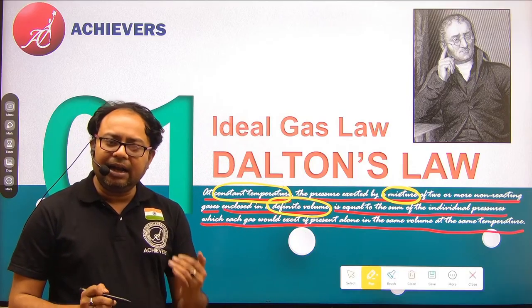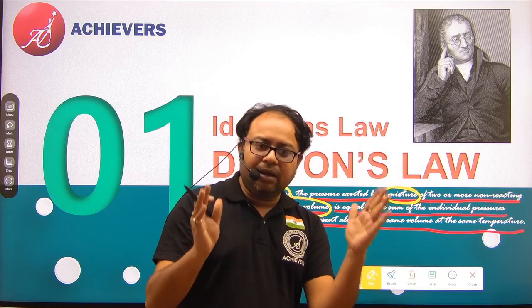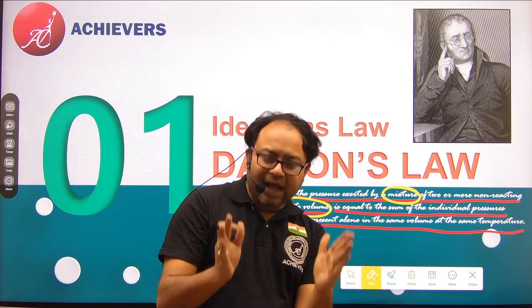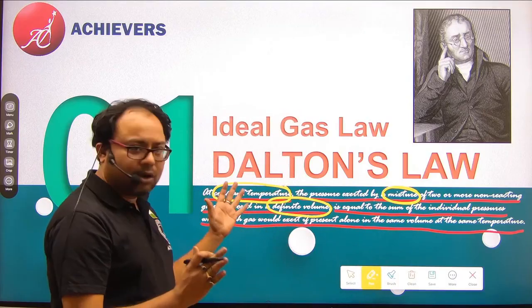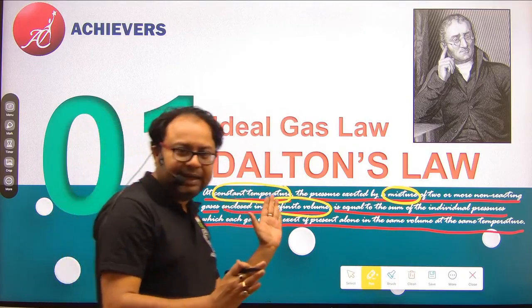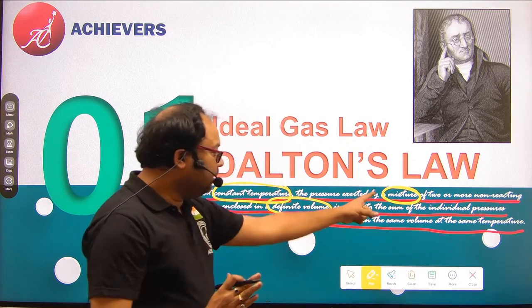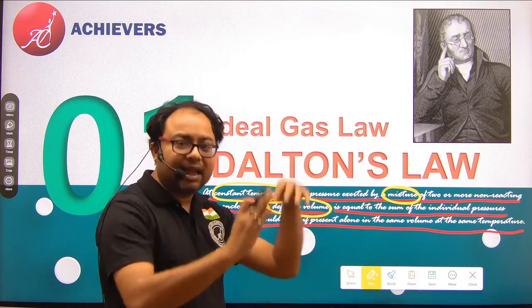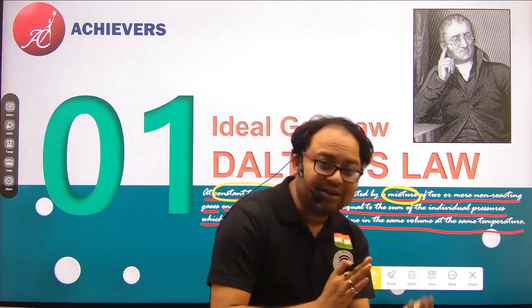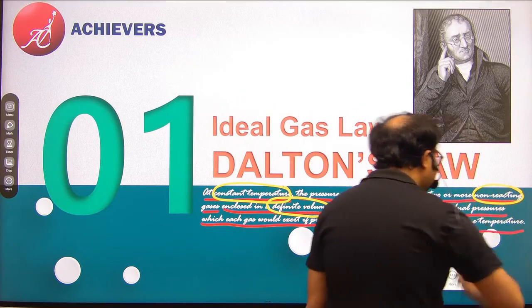So you are dealing with a mixture of ideal gases, either two gases or more, and the constraints are constant temperature and constant volume. And obviously, this mixture will comprise gases which do not react with each other. So we are dealing with non-reacting gases.